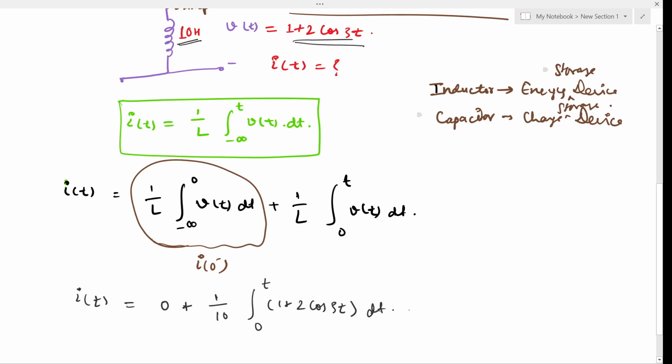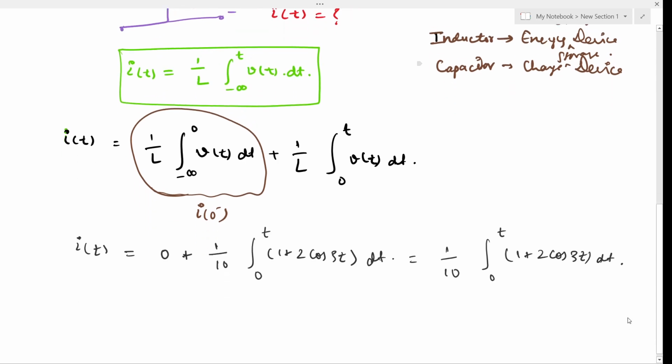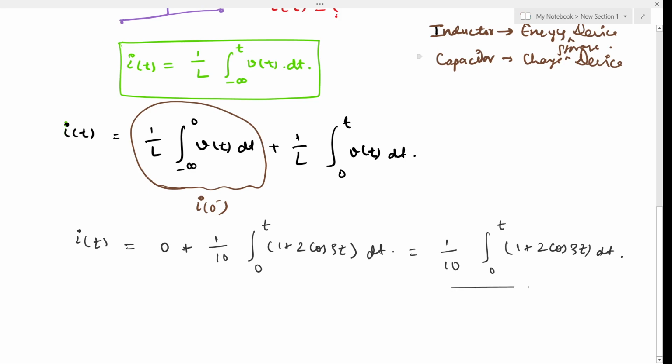Likewise, if you solve this problem by applying a trigonometric rule, you will get the solution. All other things are mathematical, you can solve the problem. Likewise you will get the value of i of t in the time domain.